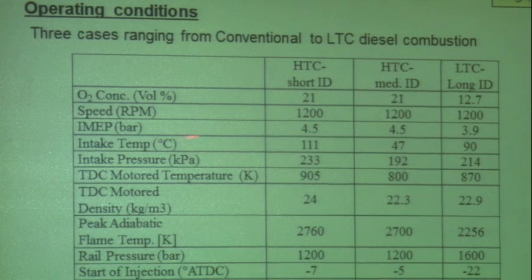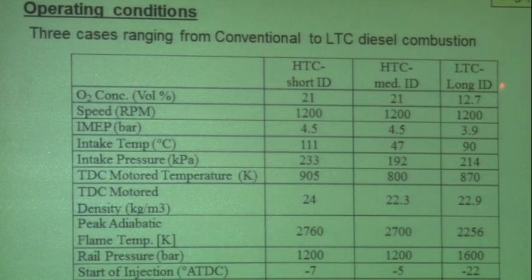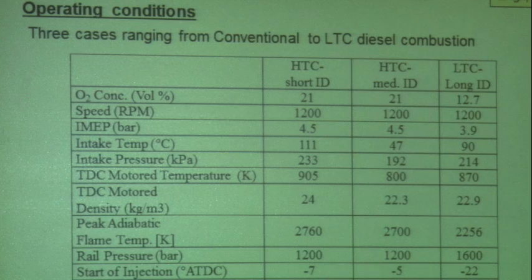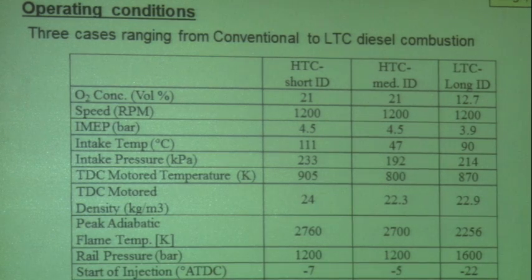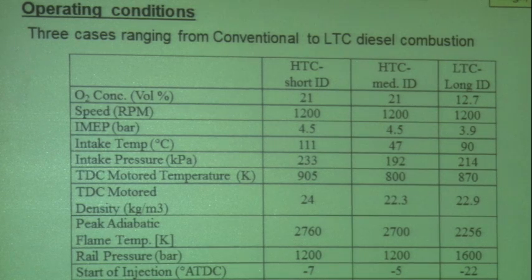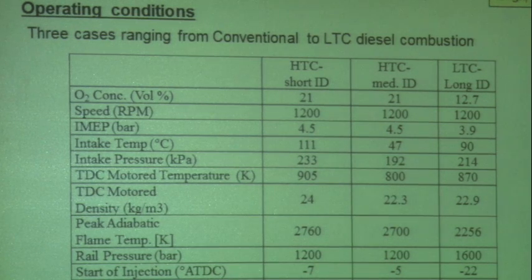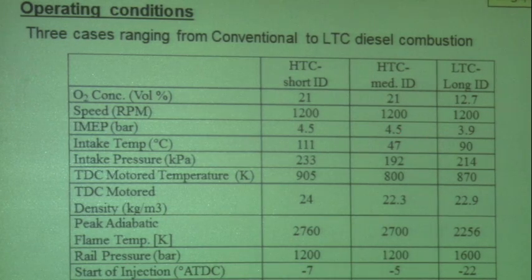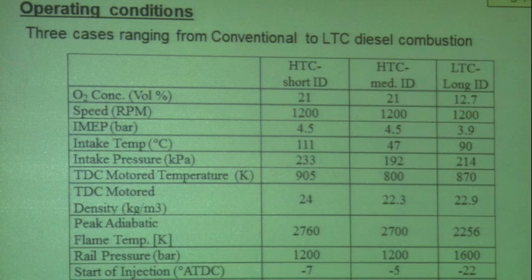Engine speed was the same in all cases. As I mentioned, for the PCCI combustion, the oxygen concentration was reduced, in other words, more dilution, and this is done with nitrogen and other species, like CO2 and so on, to represent the constituents you would have with EGR. The load here was roughly the same, around 4 bar indicated mean effective pressure.